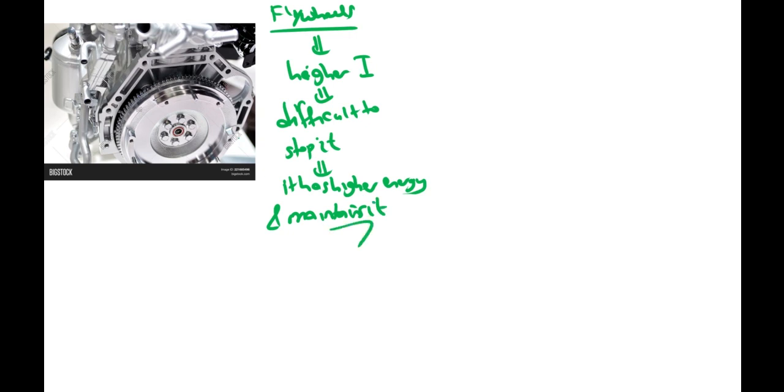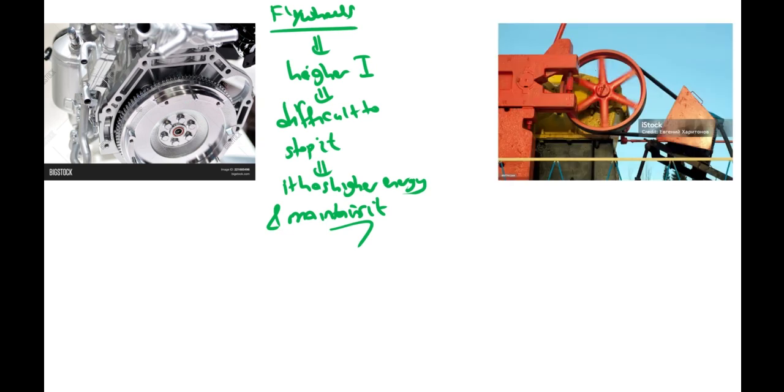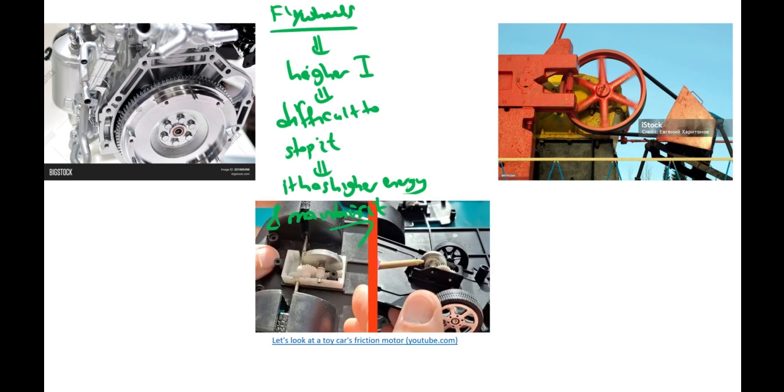It maintains the high energy. That's the reason that we are using a flywheel for an engine, for a pump in petroleum extraction, and in a toy car. Because it has a higher energy and keeps that energy, toy cars with a flywheel, for example, move very fast.